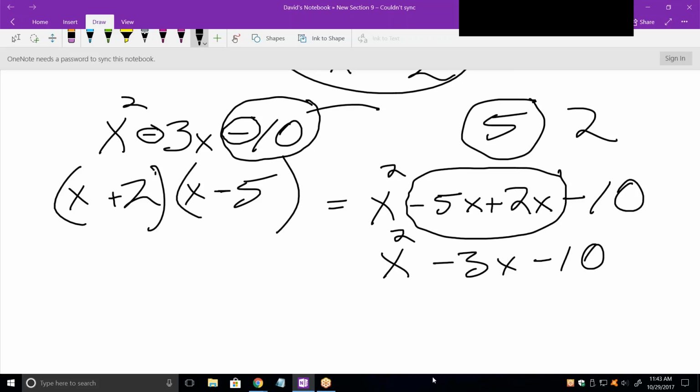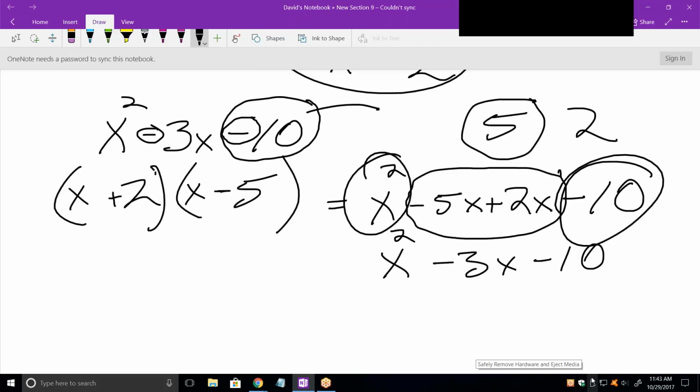But my point is you don't actually have to do the entire FOIL. You don't really need to check that term or that term. The way we did the factoring, those aren't in doubt. We know we got those correct. We split the x's up, and then we split factors of 10 up. So I know that the first and the last term are correct.